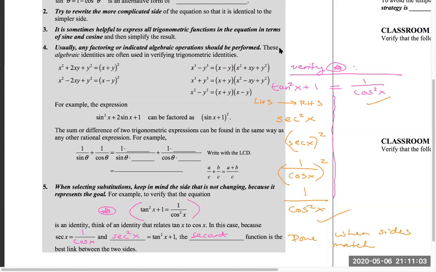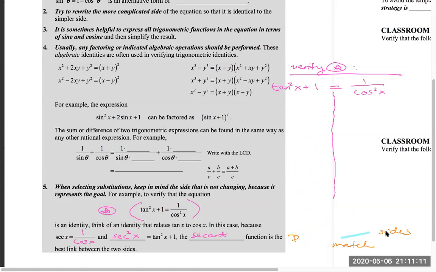Now let me erase this. We're going to verify the other direction. We're going to show the right-hand side translates to the left-hand side.